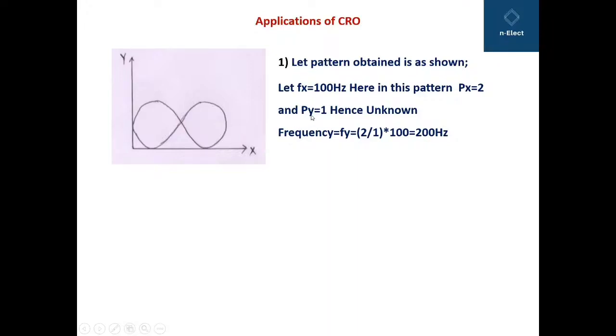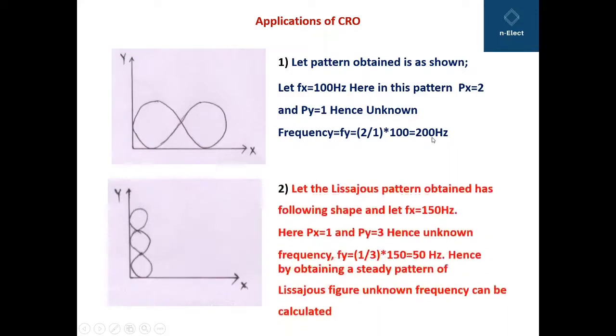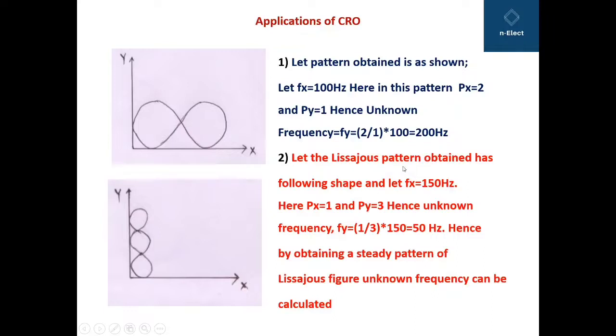While the intercepts made by this diagram on the y-axis is 1 here only, therefore py is equal to 1. Hence unknown frequency Fy equals px upon py, that is 2 into 100, that is 200 Hz.